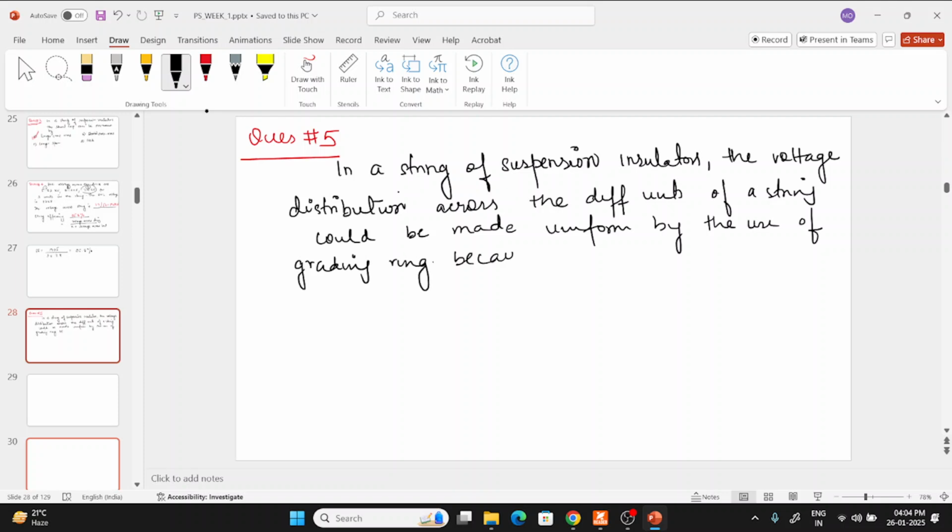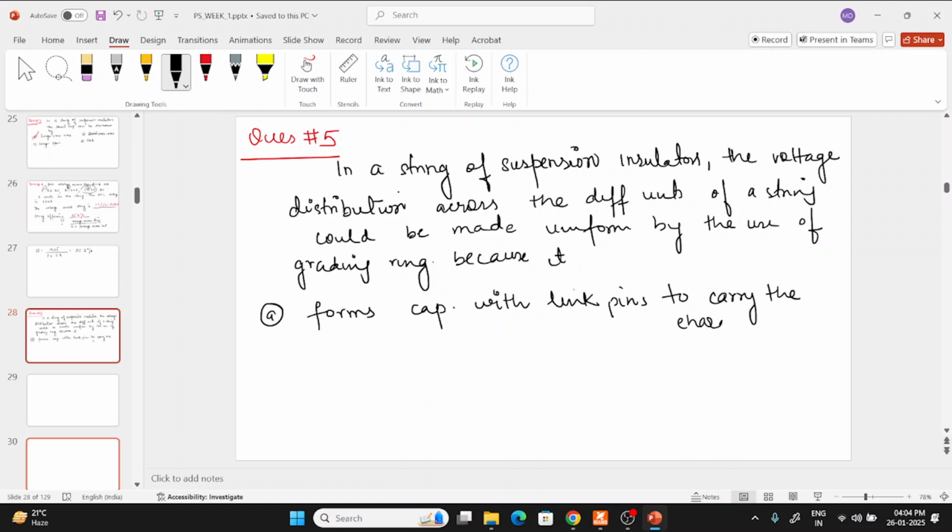Because, A, it forms capacitance with link pins to carry the charging current from link pins.